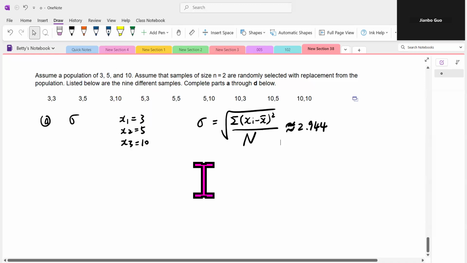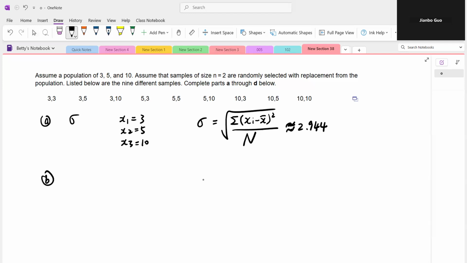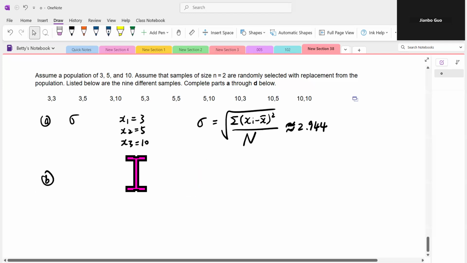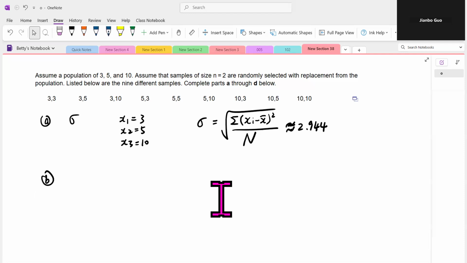And the second part, we need to find the standard deviation for all the 9 samples. That's a lot of work, right? And then we have to create the probability distribution for those standard deviations. So let's do one at a time. We have 9 samples. I'm going to use a different color scheme.